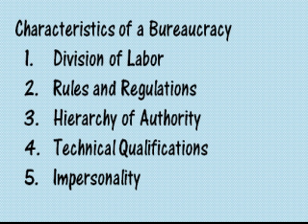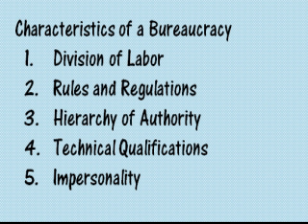So let's take a look at each one of these. The characteristics of a bureaucracy according to Weber. Number 1, you would have clear divisions of labor. Workers would be assigned to do specific, specialized tasks, and while those all would work together for the bureaucracy to function properly, each person would have their own job to do.